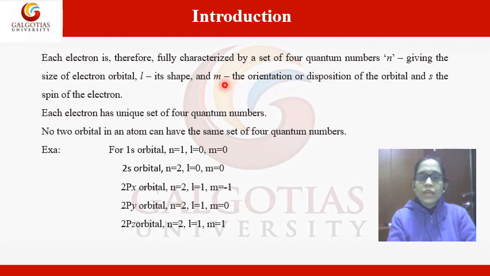That means each electron is characterized by a set of four quantum numbers which describe the position of the electron, so each electron has a unique set of four quantum numbers. Suppose there are two similar houses in a city.